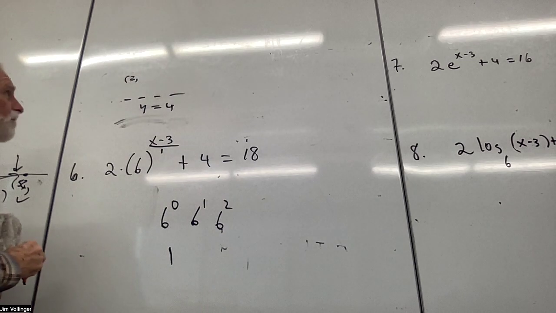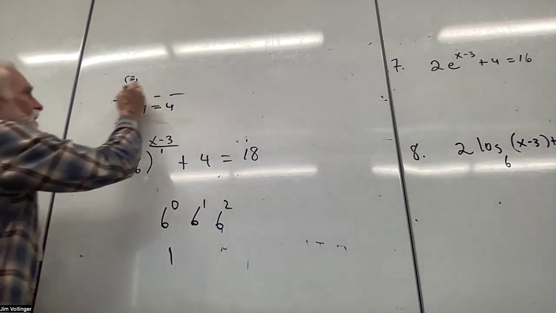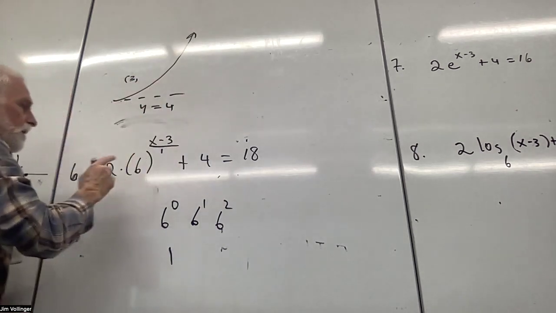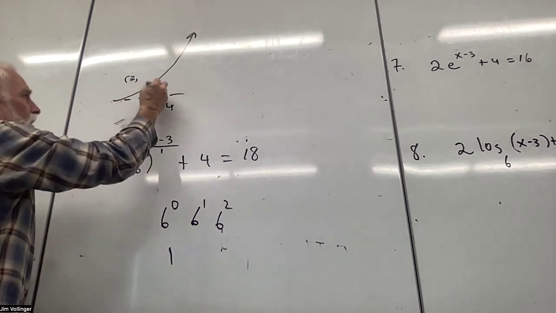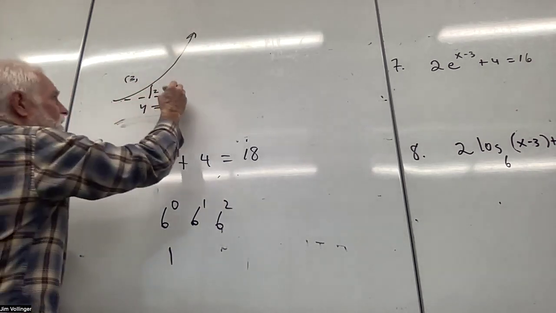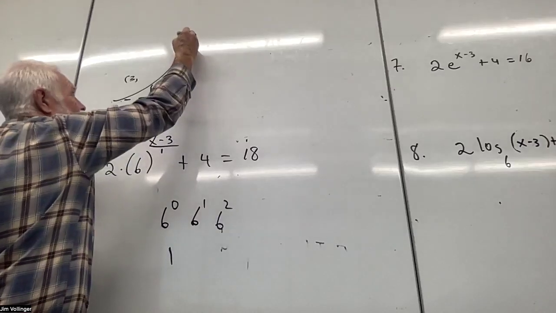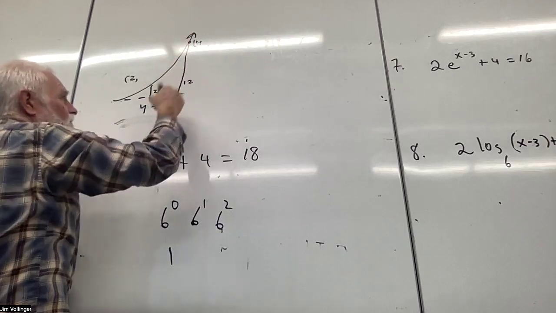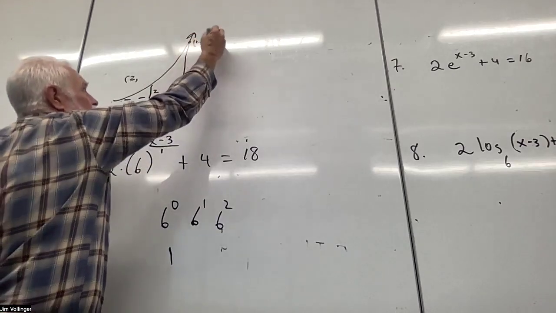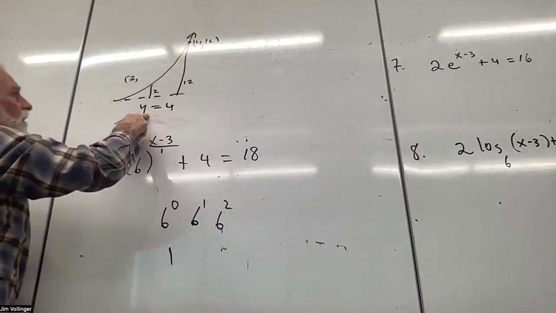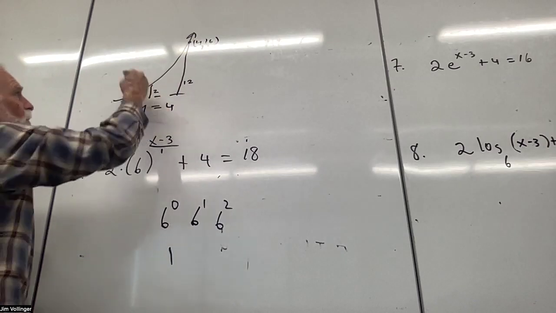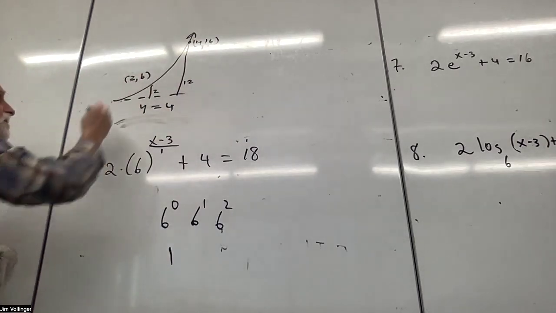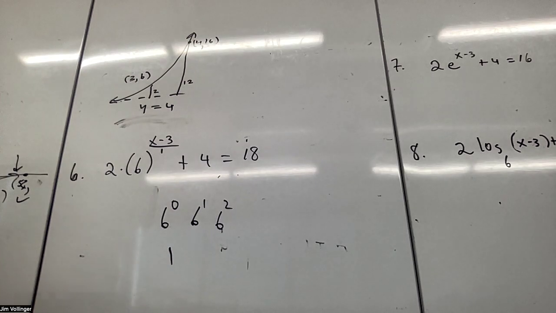So I'm going to use 3 and 4. So 3 gets me my first jump of 2. And then 4 is going to get me 6 times that jump. And 6 times 2 is 12, plus 4 is 16. And my first jump is 2 plus 4 gets me 6. So there's my graph, a quick facsimile.